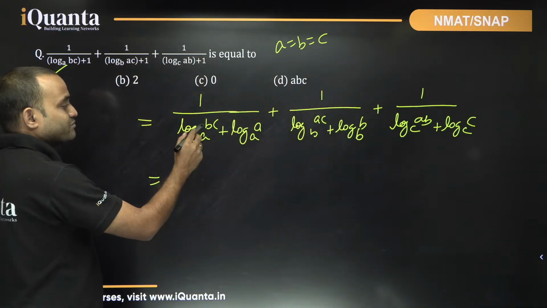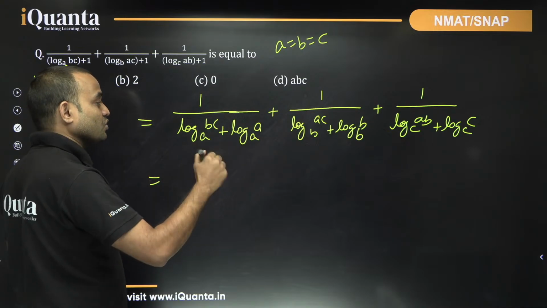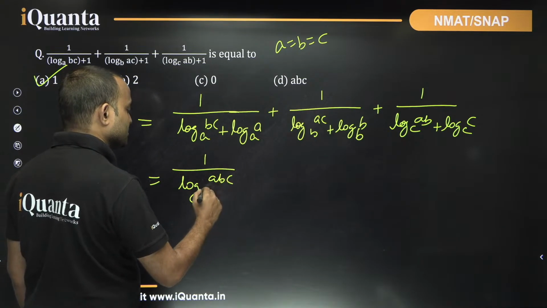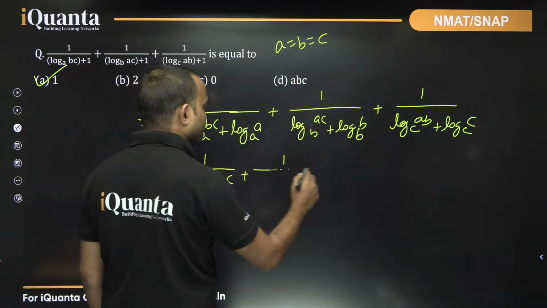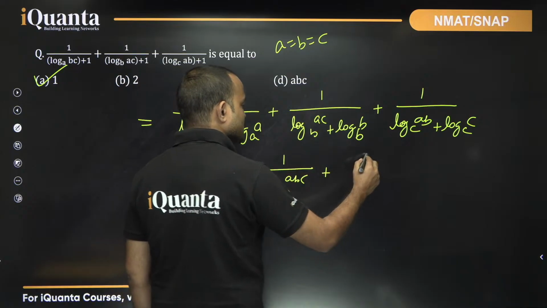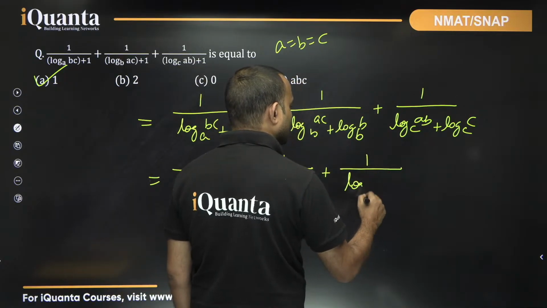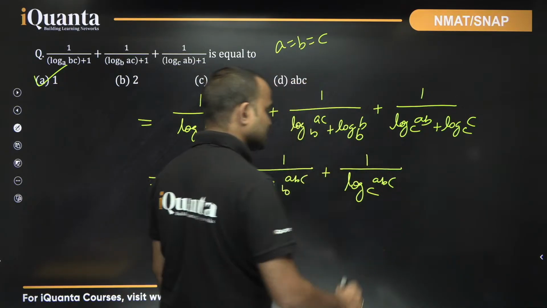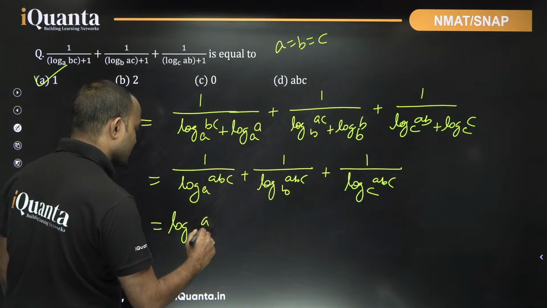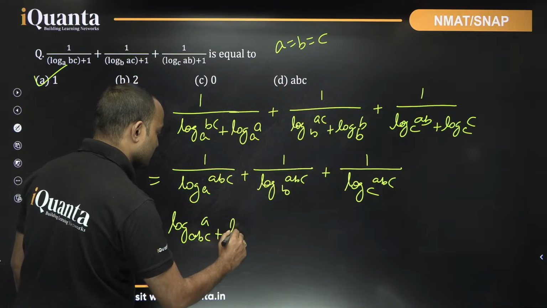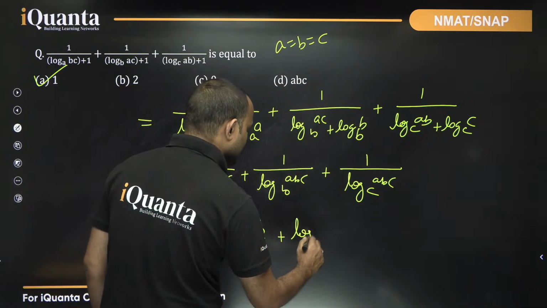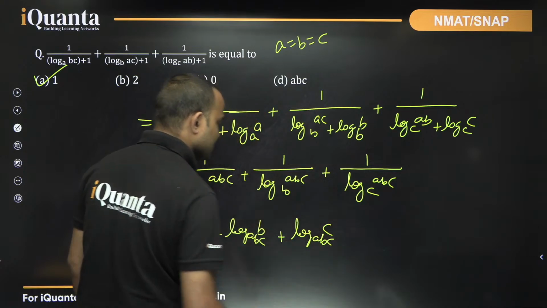Now, log m plus log n is log m into n, right? So this will become 1 upon log ABC to the base A. This will become 1 upon log ABC to the base B, and this will become 1 upon log ABC to the base C. This expression can be written as log A to the base ABC, this will be log B to the base ABC, and this will be log C to the base ABC.